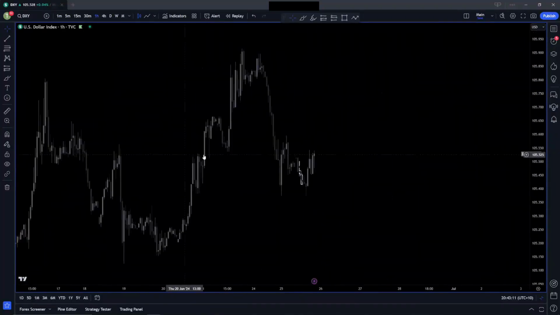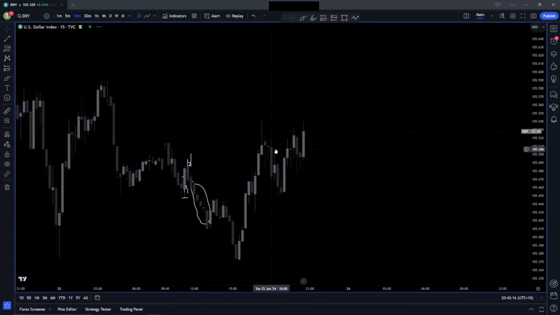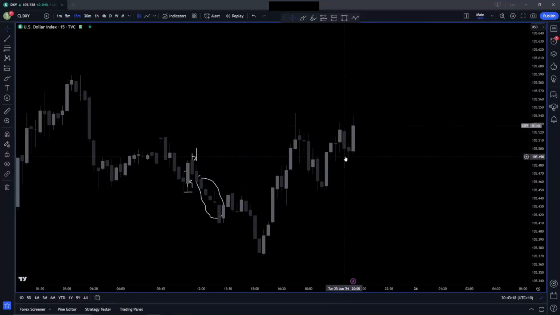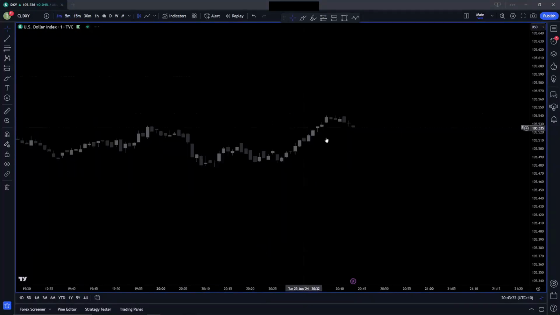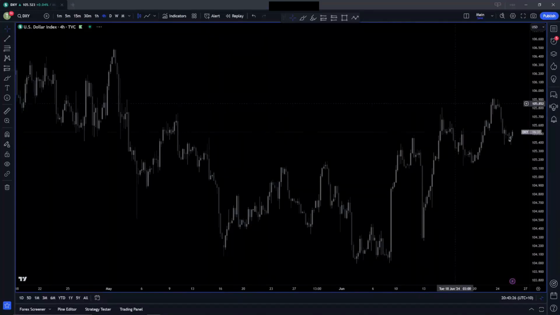But yeah, I'll cover a bit more on direction, but mainly you also had a high time frame shift on DXY as well. So I'll zoom out a bit.